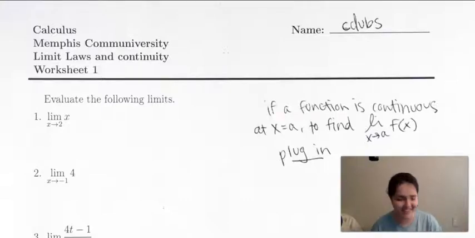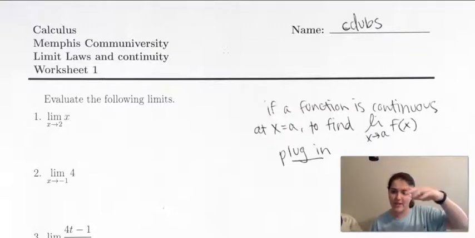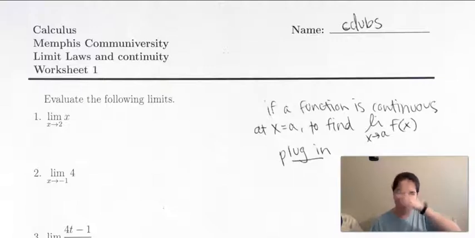It's a little confusing, but if it's continuous, then the point you're approaching is actually there. If it's not continuous, the point will be somewhere else, or maybe there won't be a point there.